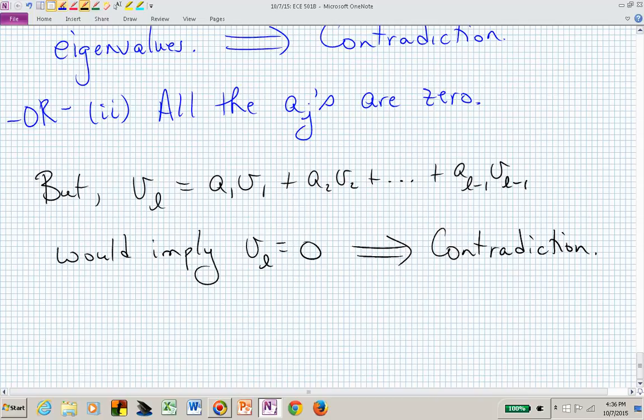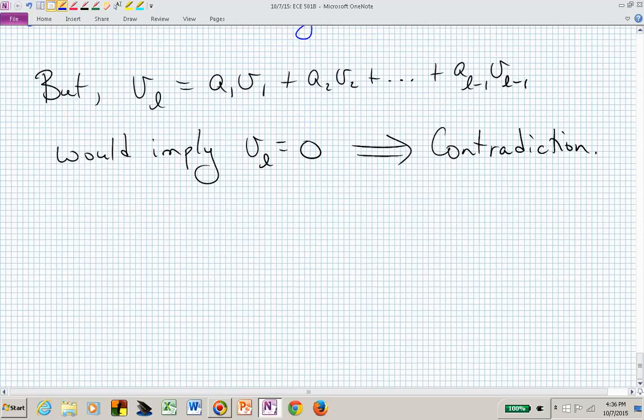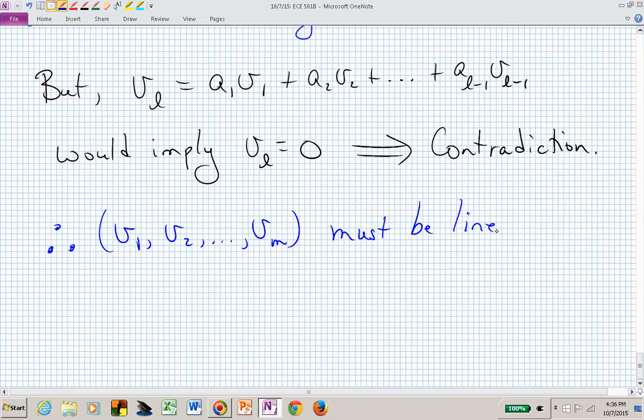So now we have exhausted all of the possibilities in our strategy for trying to come up with a way of contradicting our original assumptions. Our assumption was that that linear list of vectors v1 through v sub m was linearly dependent. Now we know that that can't be the case. In fact, v1, v2, through v sub m must be linearly independent.